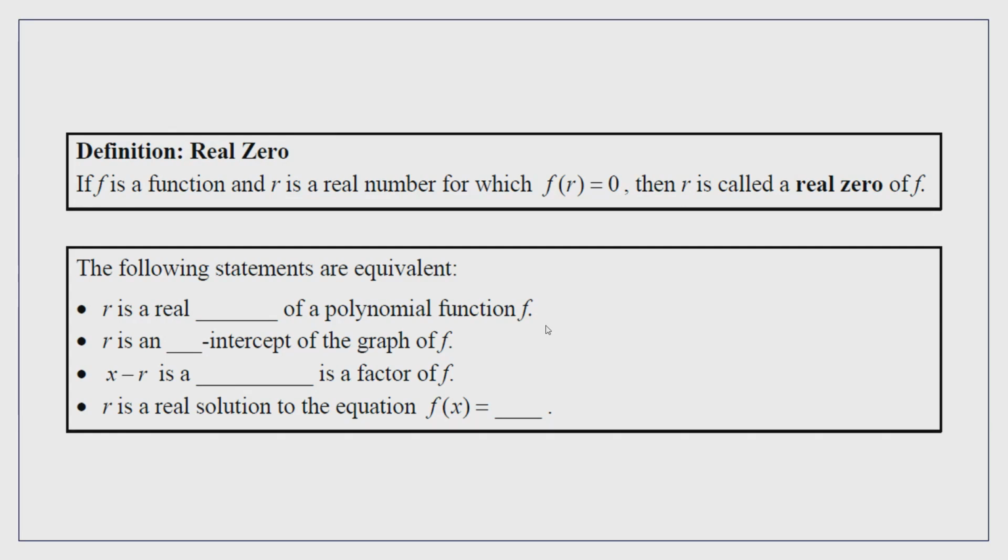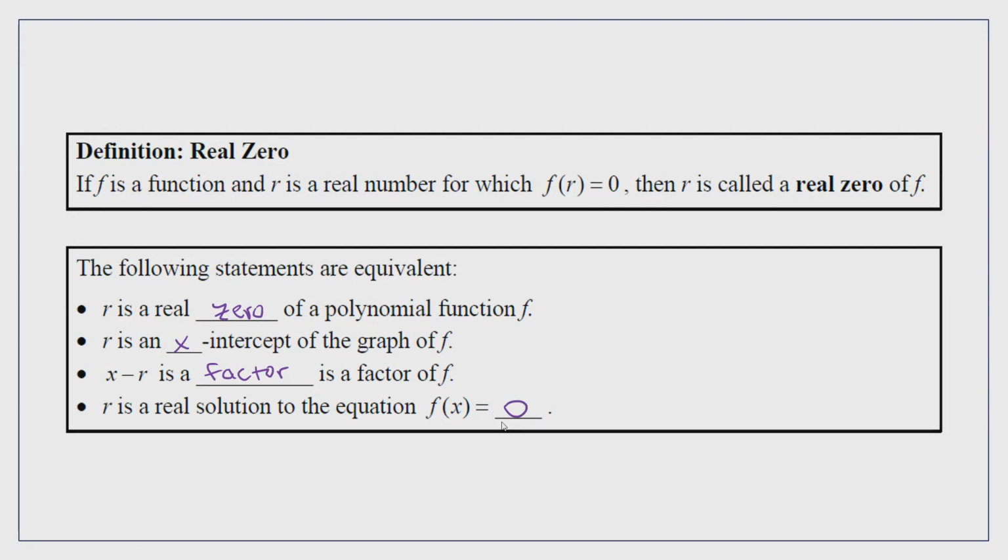So some equivalent statements to this are: r is a real zero of a polynomial function f is the same thing as r is an x-intercept of the graph of f, which is the same thing as x minus r is a factor of f, and r is a root or solution to the equation f of x equals 0.